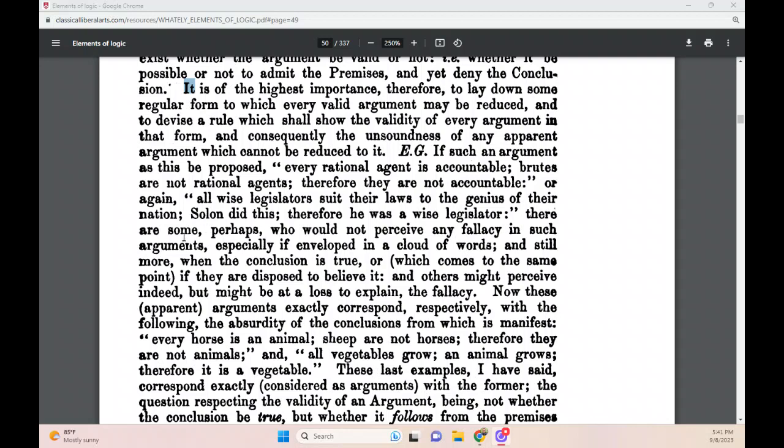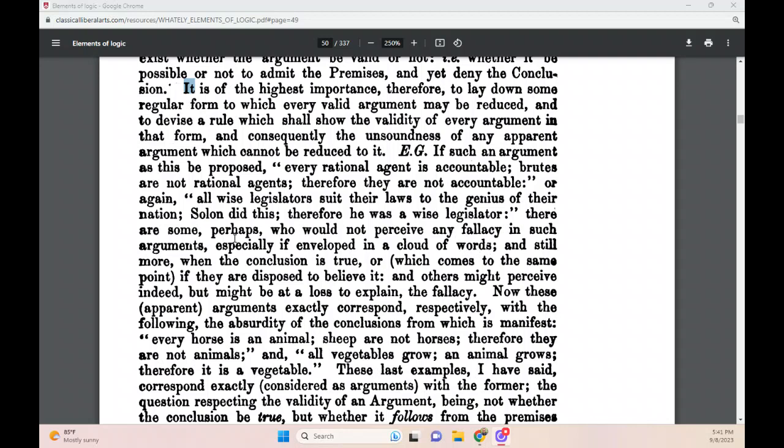There are some, perhaps, who would not perceive any fallacy in such arguments, especially if it was enveloped or enclosed in a cloud of words, and still more when the conclusion is true, or which comes to the same point, if they are disposed to believe it. Let me read that again to make it clearer.